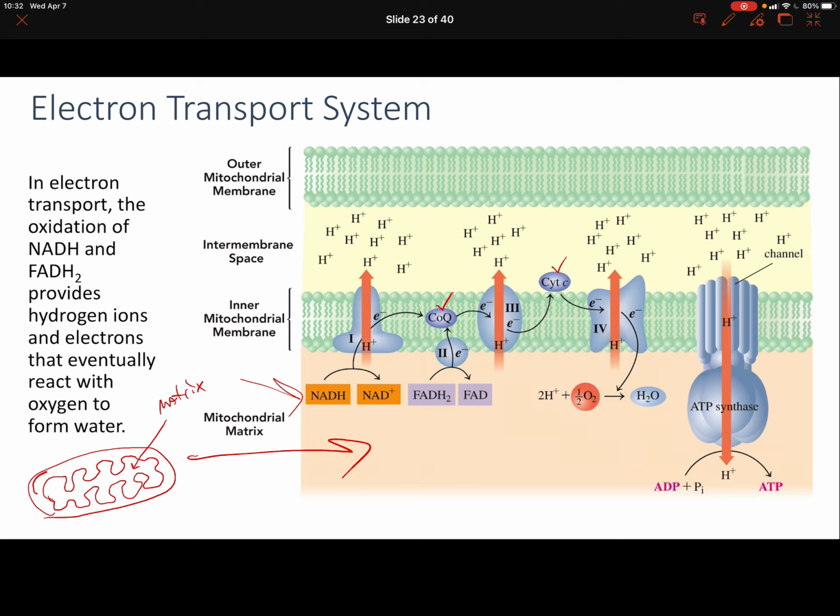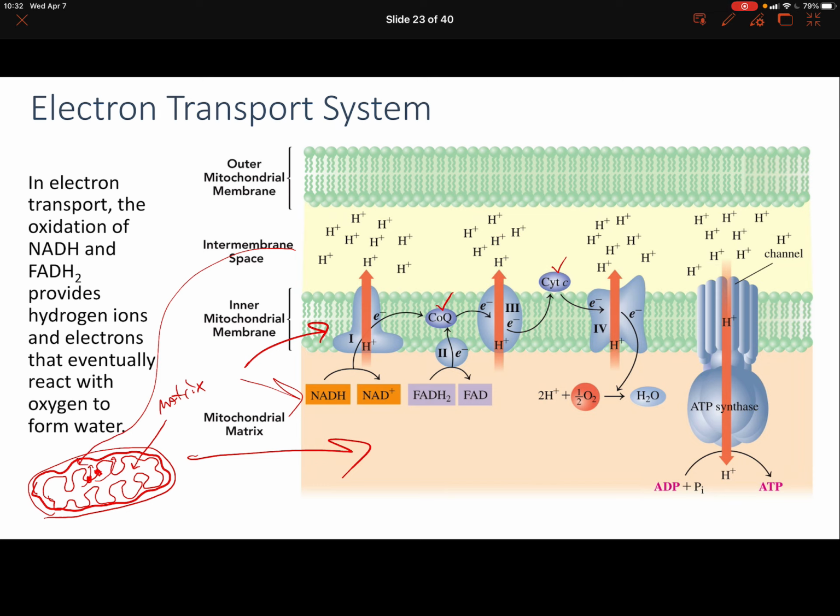Now, there's also a bilayer and an intermembrane space outside the matrix. What's happening is there are proteins embedded in the matrix lining, these guys, and they are going to pump hydrogens into that intermembrane space.